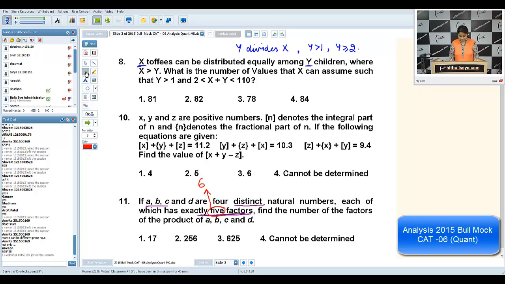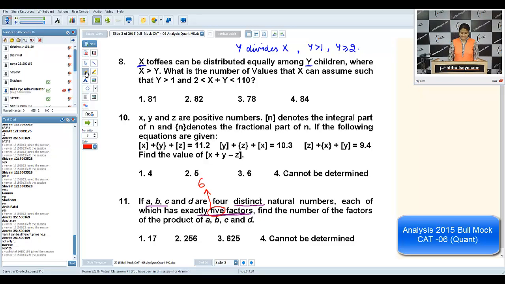Okay, Naveen. You said 625 into 25. Can you tell me the logic? Suppose any number is having 6 factors.